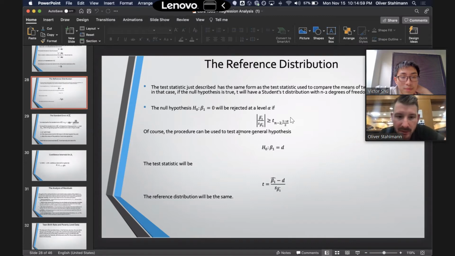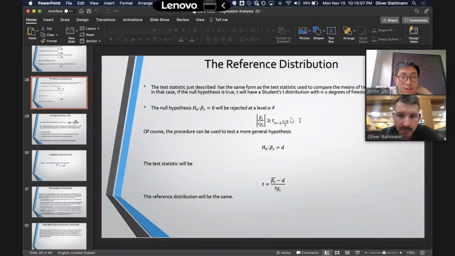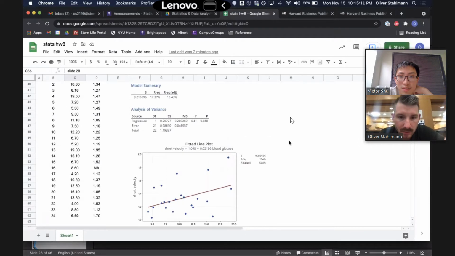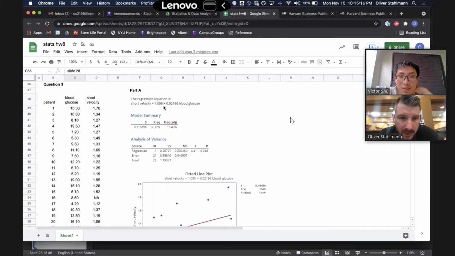And then, I don't know what B1 hat is though. It's the slope. Minitab just told you. That would be 0.02196.